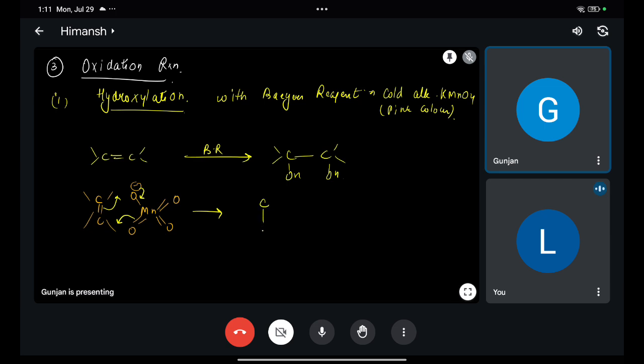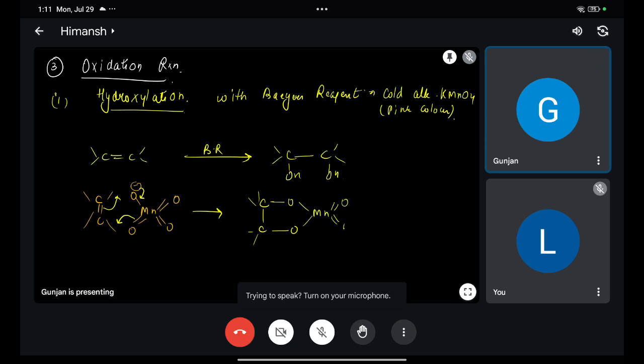C plus and C minus are forming, and carbon is forming a bond with oxygen.